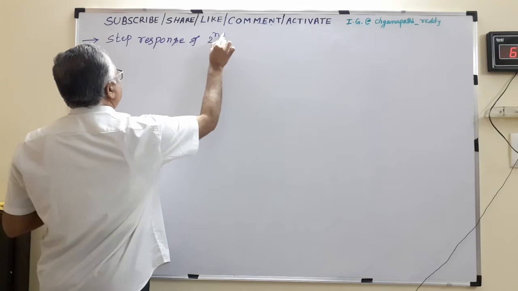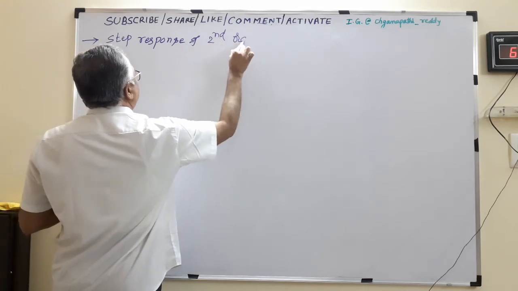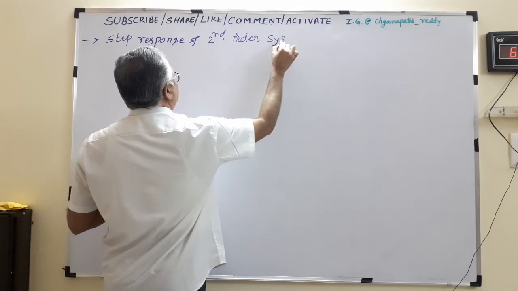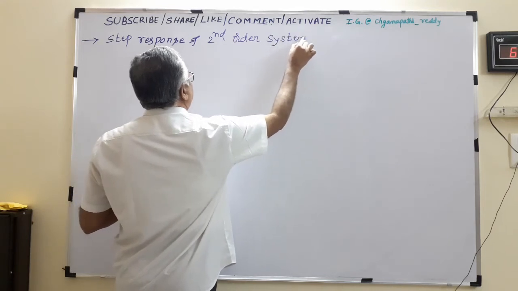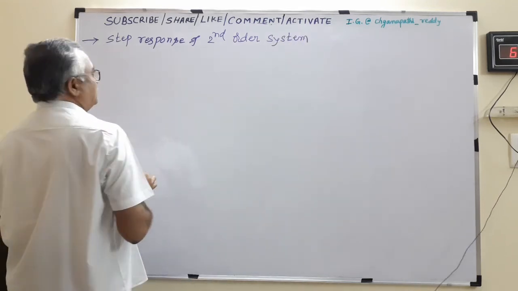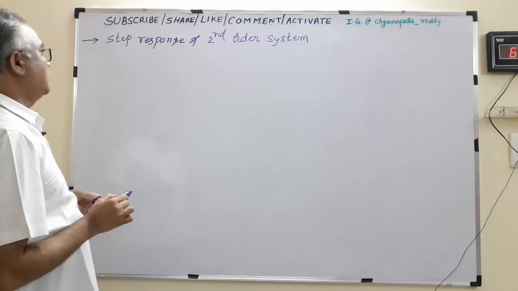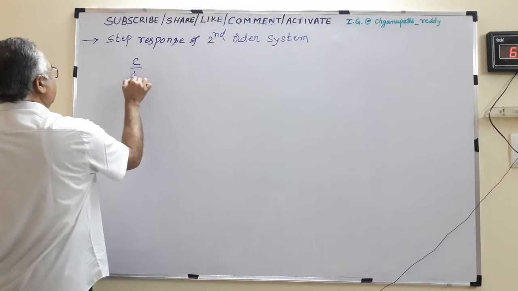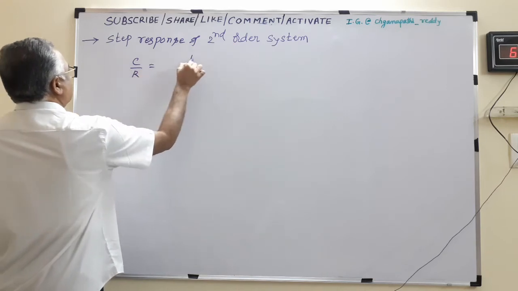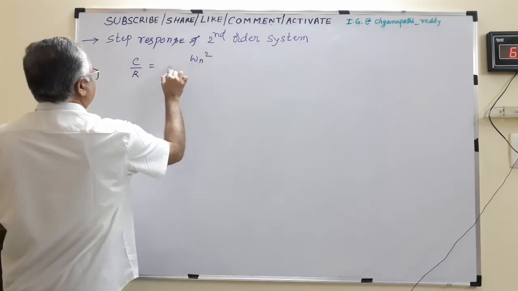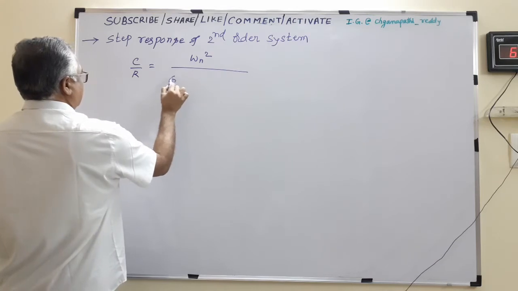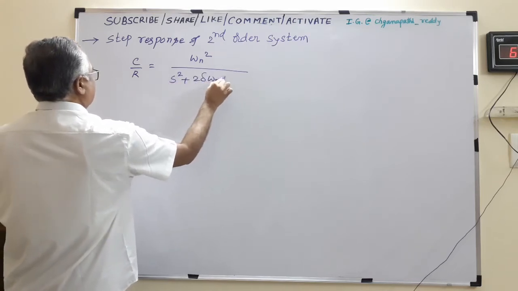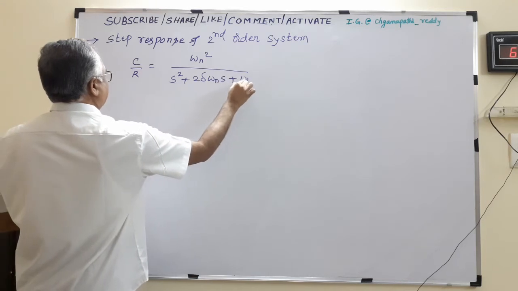Second order system. So any second order C by R is omega n square by s square plus 2 delta omega n s plus omega n square.